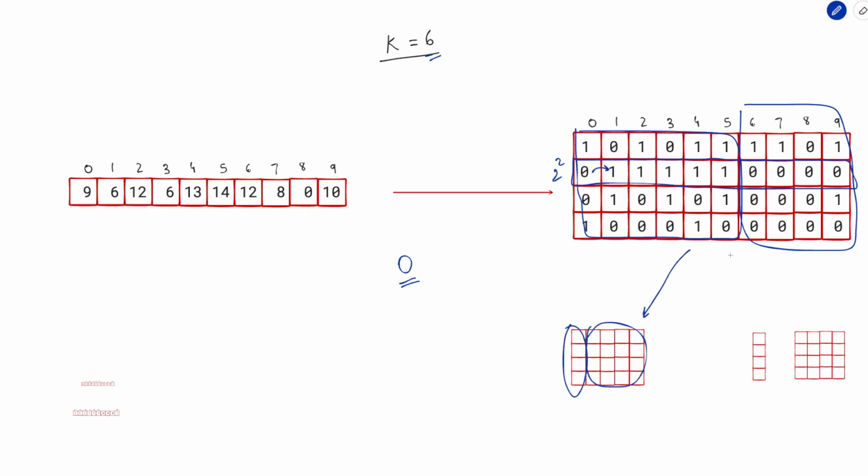Second way is you keep this number as it is. You apply bitwise AND of this and this first, and because this is 0 and this is 1, you know that this will become 0 after applying bitwise AND. So you will then keep propagating forward, backward.